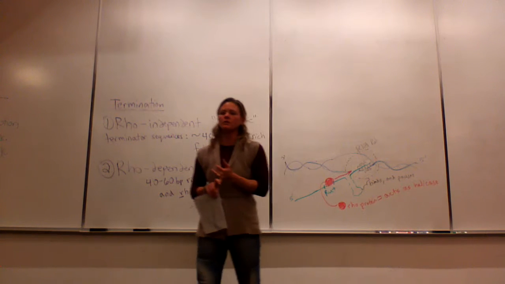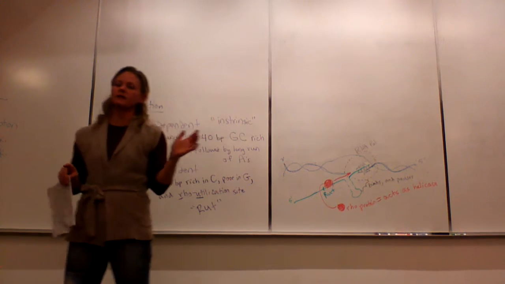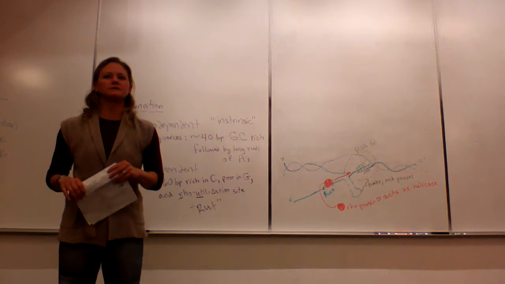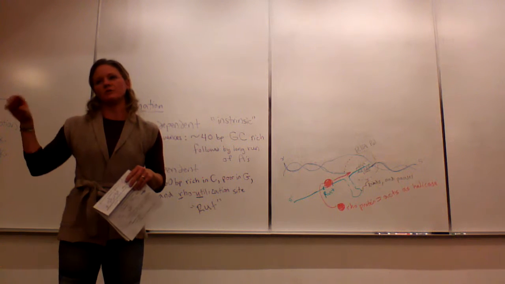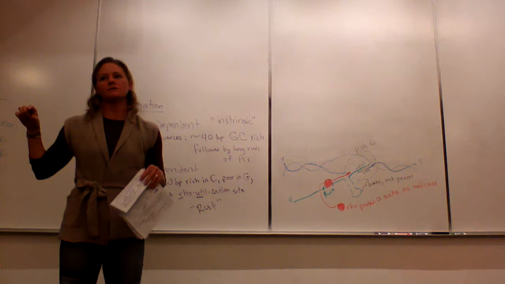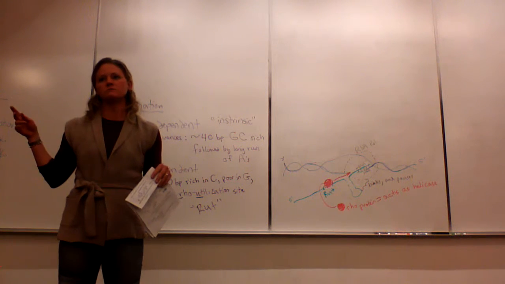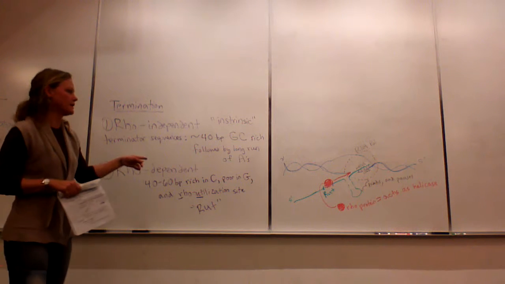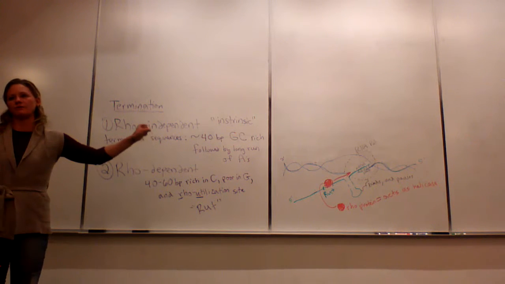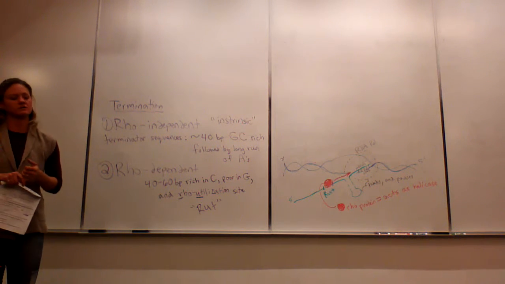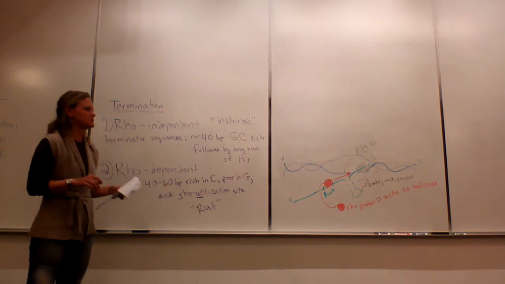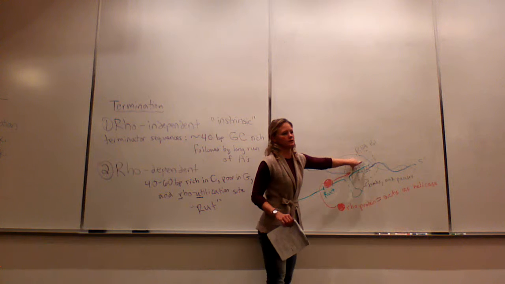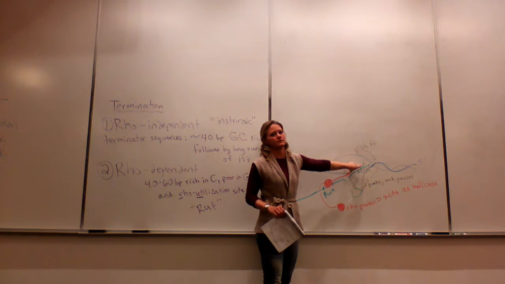Rho can actually break any combination of sequences. So it doesn't necessarily have to be the weaker double bond, so it doesn't necessarily have to be an AU rich region. With the Rho dependent, because it's like a helicase, it can break apart almost any combination of sequences. So on those types of genes, you often see all different sorts of sequences at the very 3' end of the transcript.